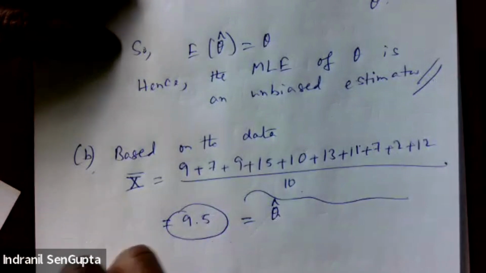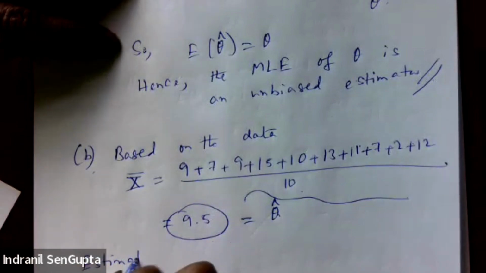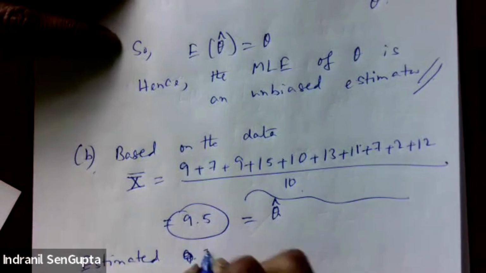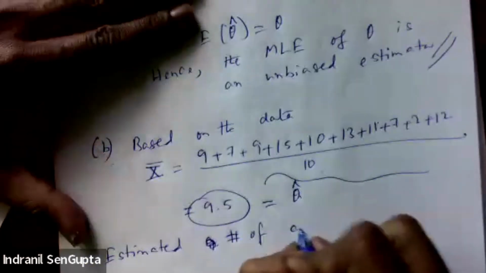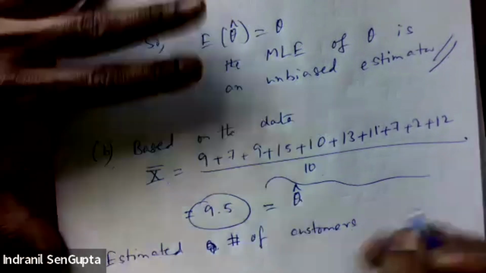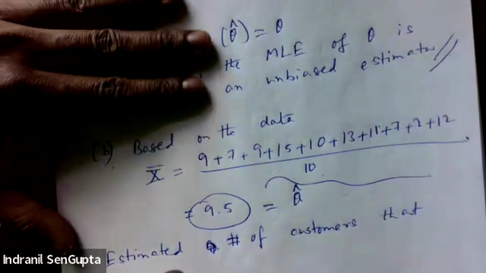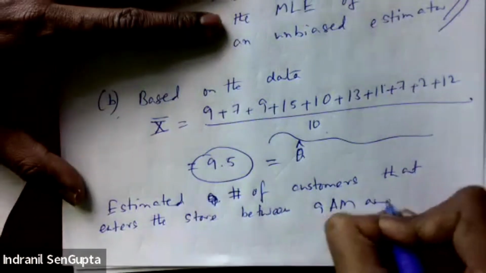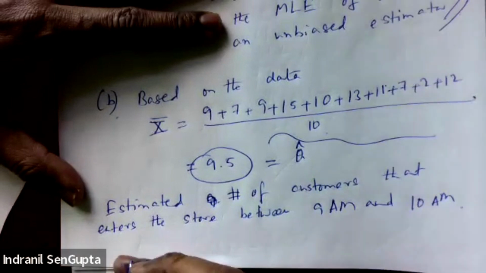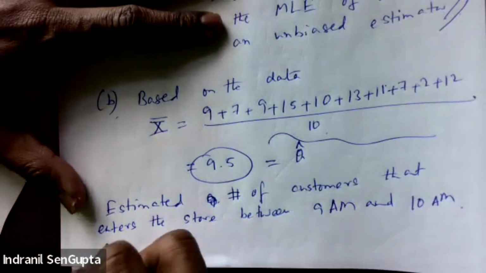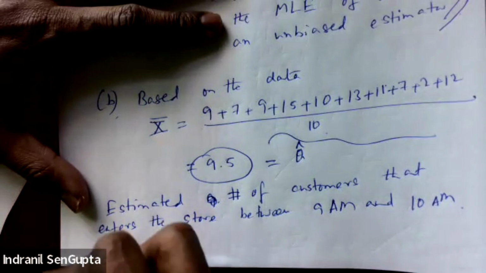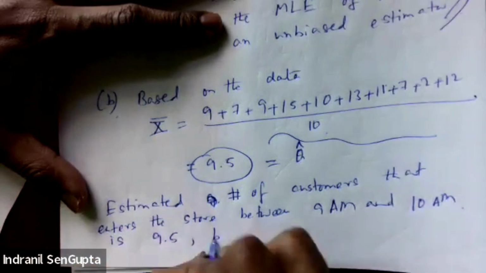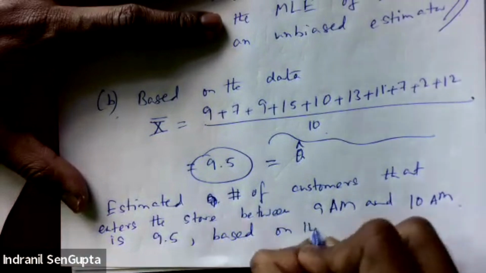That means the estimated number of customers that enter the store between 9 a.m. and 10 a.m. is 9.5 based on the data.